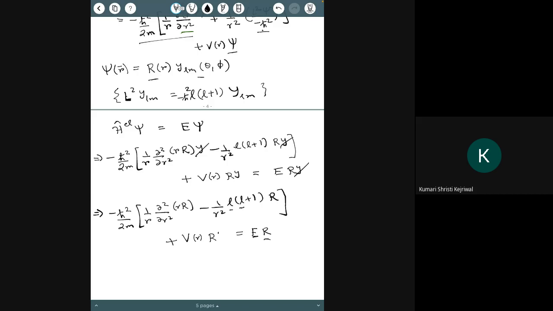So we can already see that E depends on R and the value of l, which is an important thing.